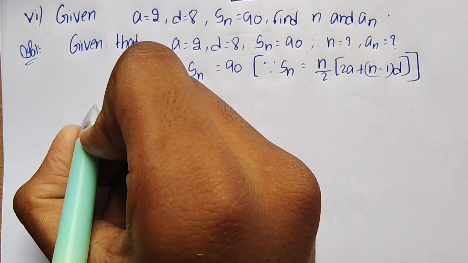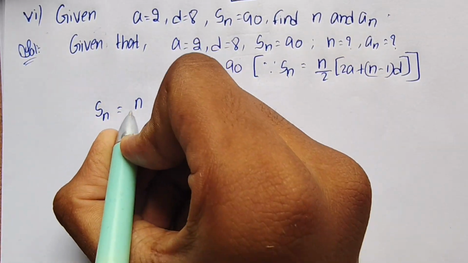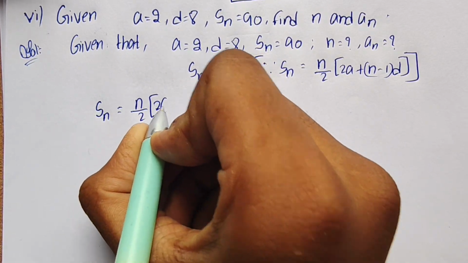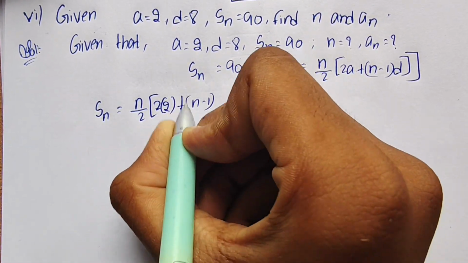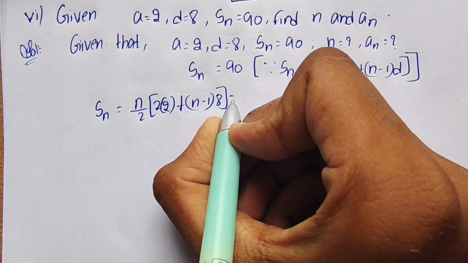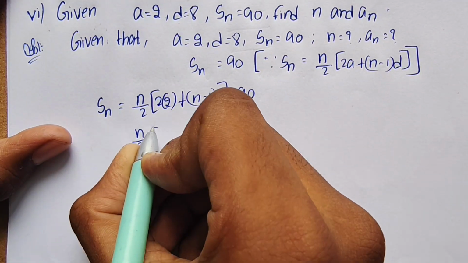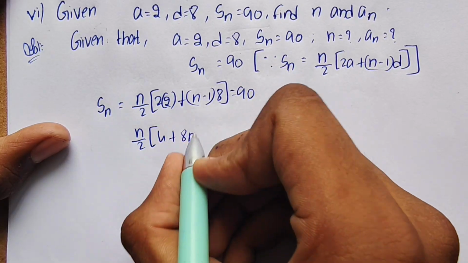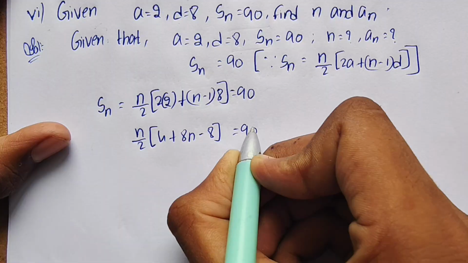So S_n equals n by 2 into 2a, that is 2 of 2, plus (n minus 1) into the value of d, which is 8, equals 90. So n by 2 into 4 plus 8n minus 8 equals 90.